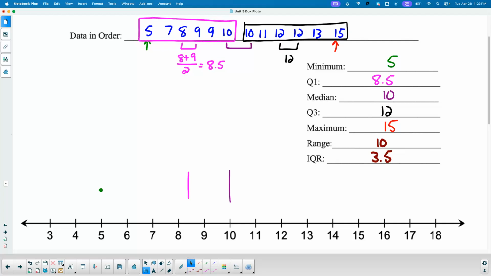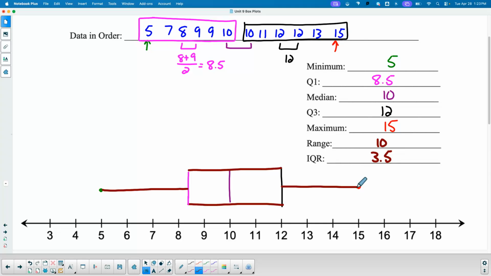Vertical line at 12. And a dot at 15. Yes? Love it.